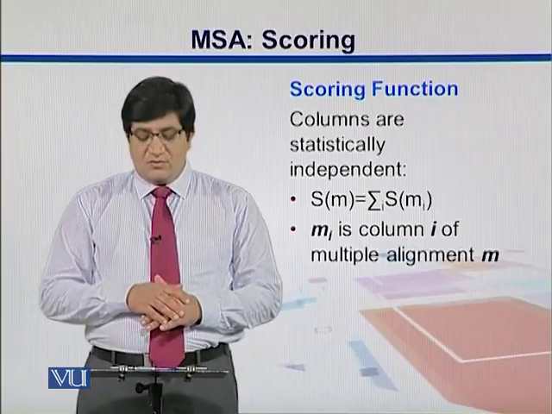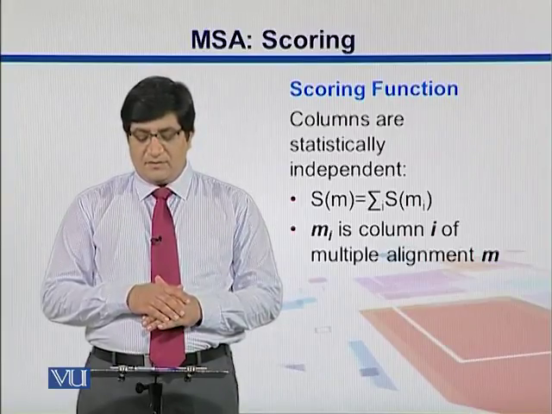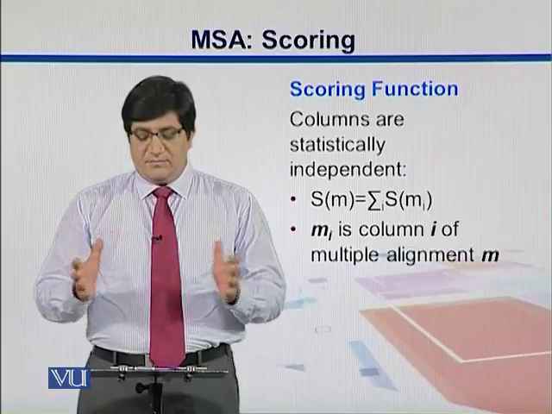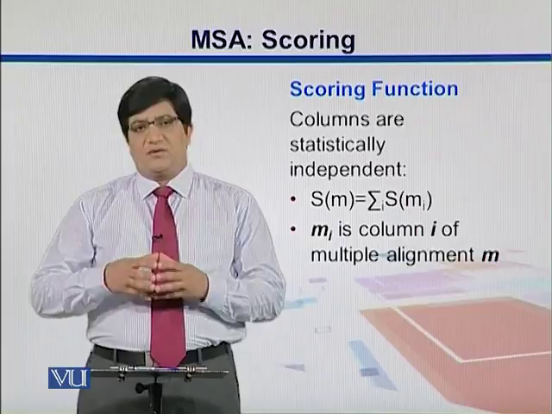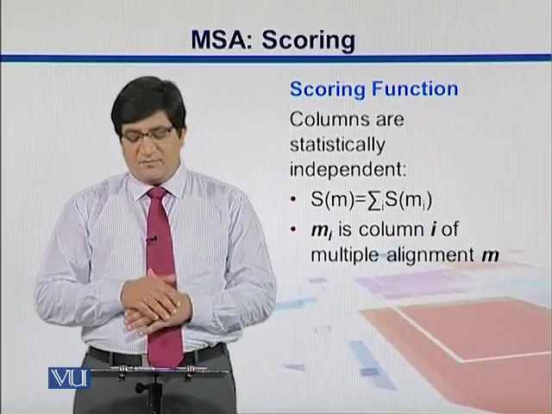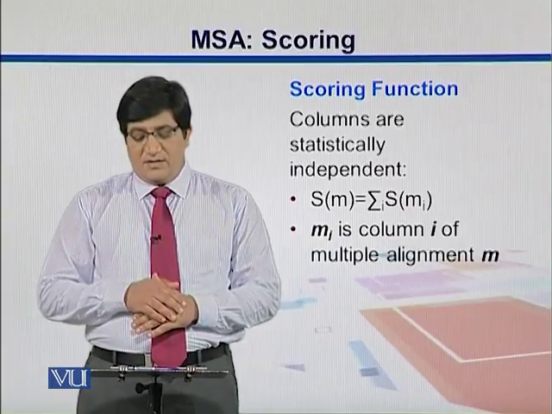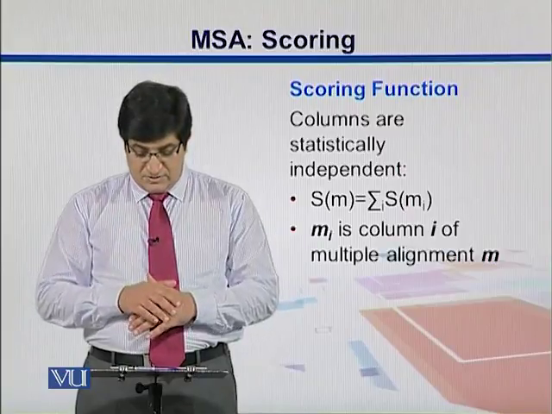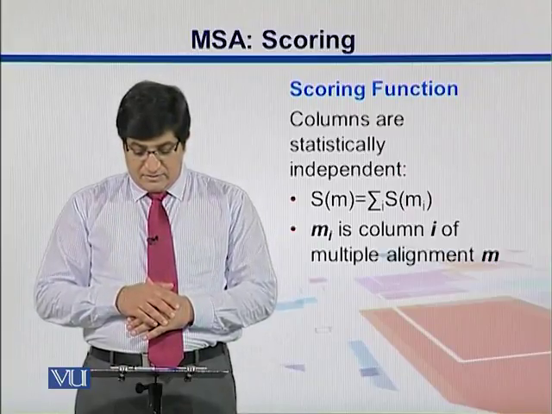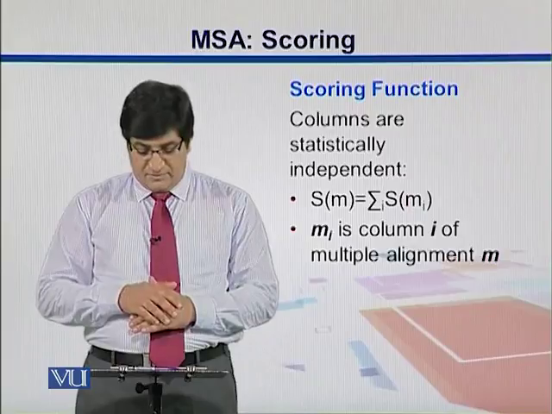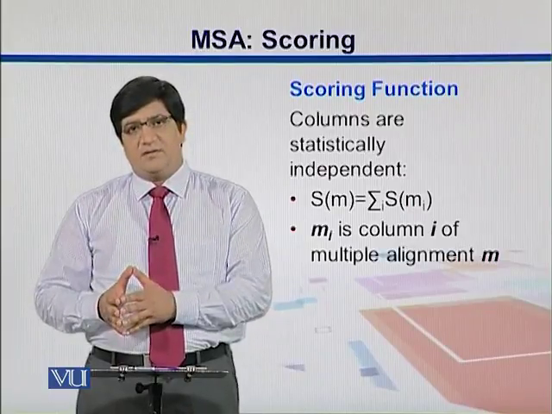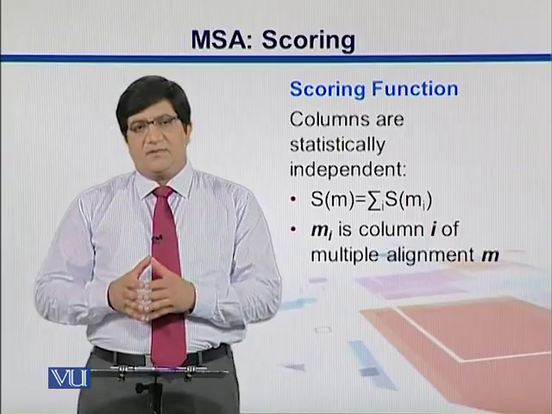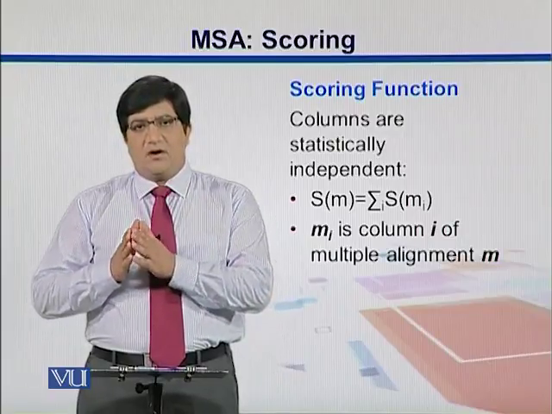So the sum of the score for the whole column is given by this relation, which represents the score of the overall alignment. So SM is the summation over all scores for all possible columns, where MI is column I of multiple alignment M. Here we are saying that the overall score of the alignment is the summation over the scores of all columns.